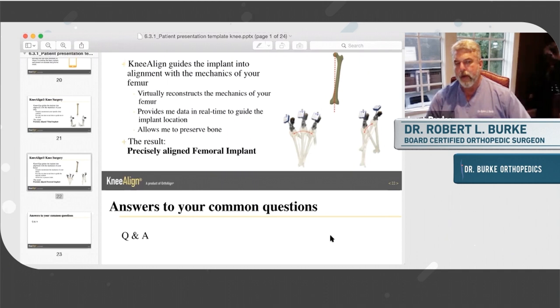Now, as part of the joint arthroplasty, the malalignment of the joint is corrected at the time of the implant. So the purpose of total knee arthroplasty is twofold: to eliminate the pre-existing arthritis, but also to align the knee properly.